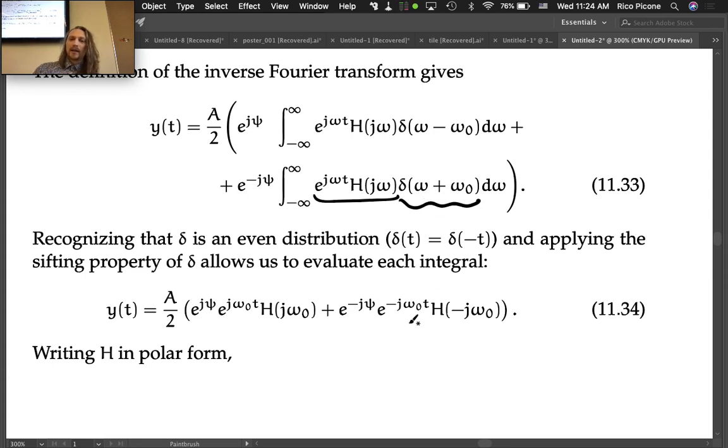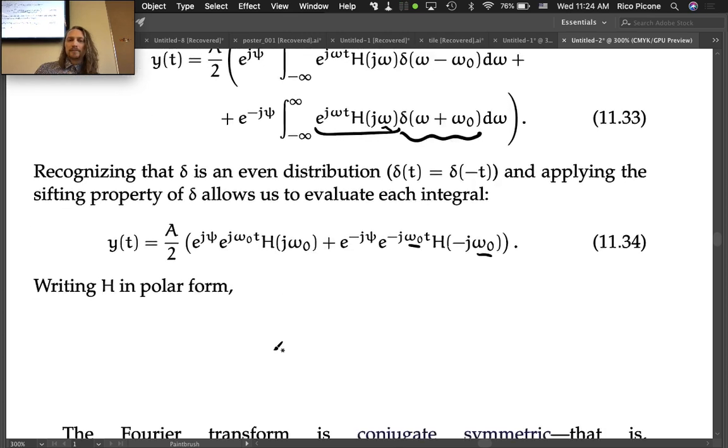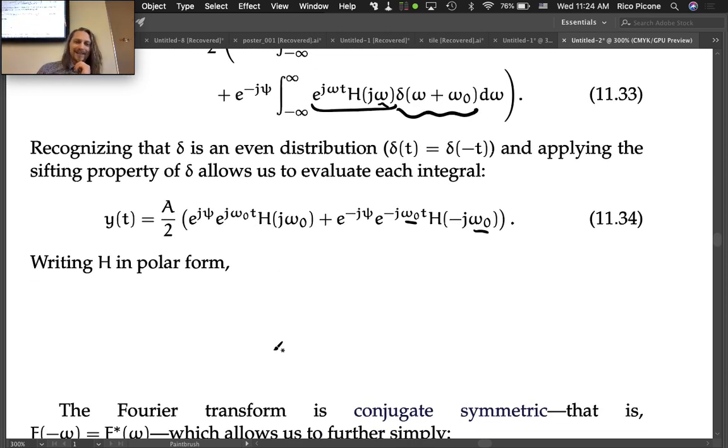If we look at the second one here, we just evaluate e to the j omega t at omega equals omega naught. So we see omega became omega naught here, and omega here became negative omega naught there. So we've got our integrals computed. Pretty easy. Not crazy easy, kind of easy.